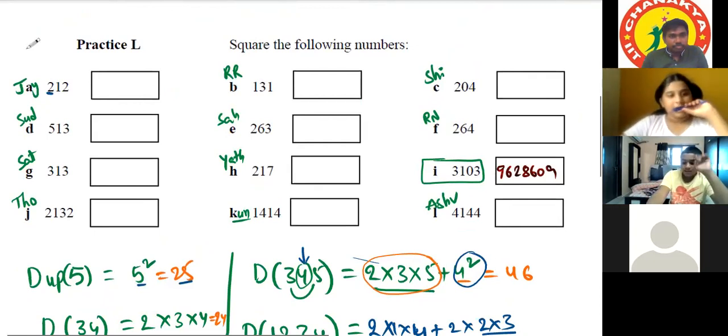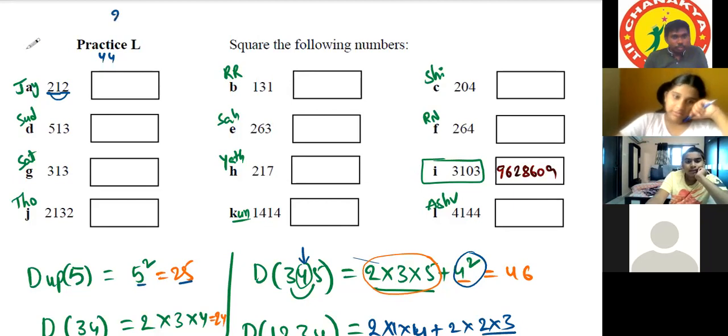Sir, duplex of 2 is 4. Duplex of 21 is 2 multiplied by 2 multiplied by 1, which is 4. No, 2 times 2 into 2, plus 1 square.